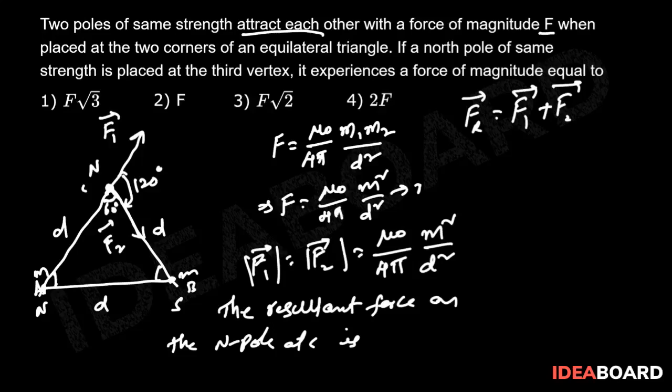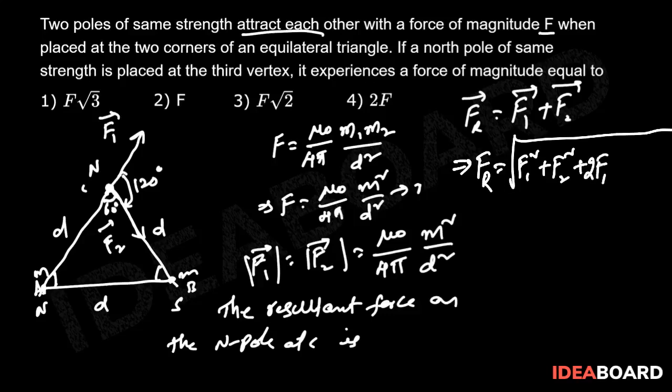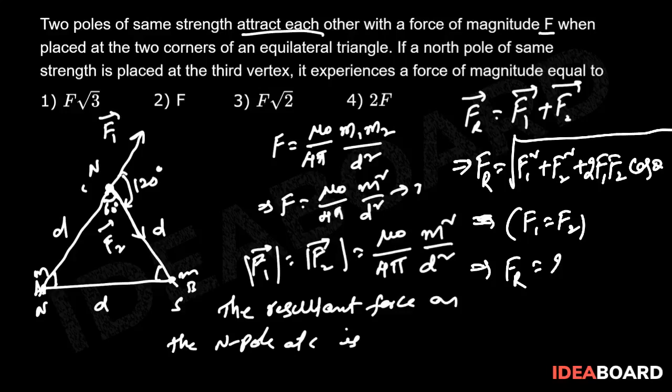So Fr is equal to root over F1 square plus F2 square plus 2 F1 F2 cos theta. Now since F1 is equal to F2, by simplifying and putting F1 equal to F2, we get 2 F1 cos theta by 2.